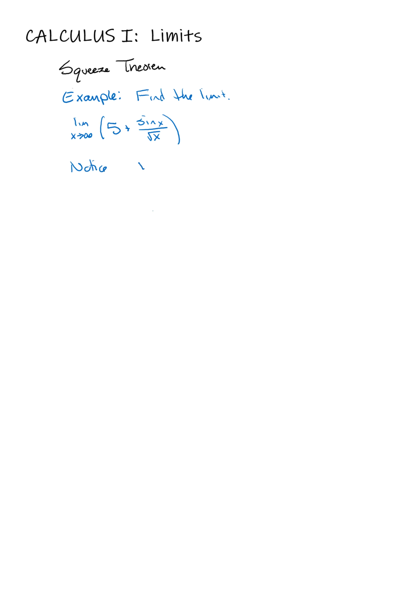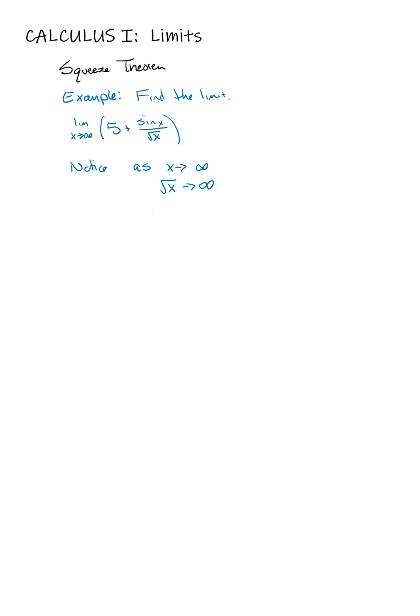First thing I want you to notice is that as x approaches infinity, what happens to the square root of x? Well, x is definitely getting very large, but the square root of x is not as large as x, but it's still getting fairly large. With a few examples of taking the square roots of values, you'll eventually see that this is still getting big.